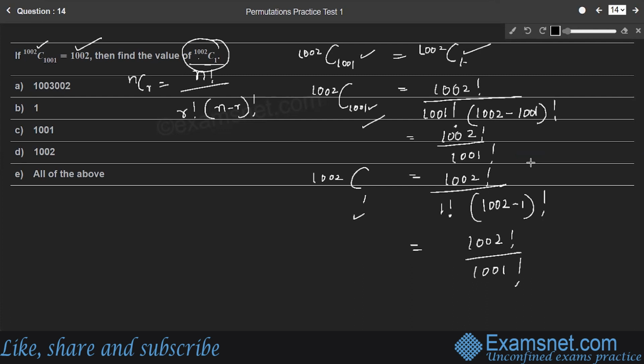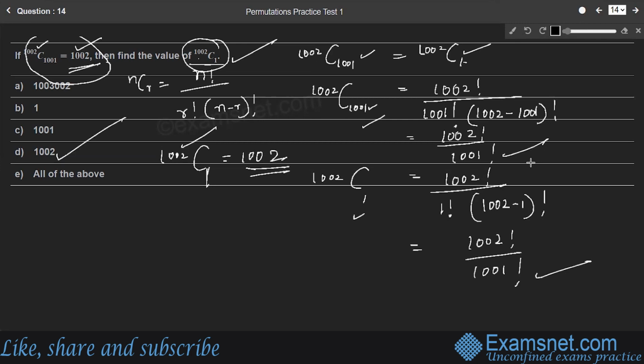So both are the same. Therefore, since the value of 1002C1001 is equal to 1002, the value of 1002C1 is also 1002. Therefore, looking at the options, option D is the right answer.